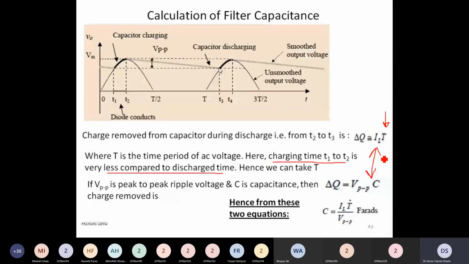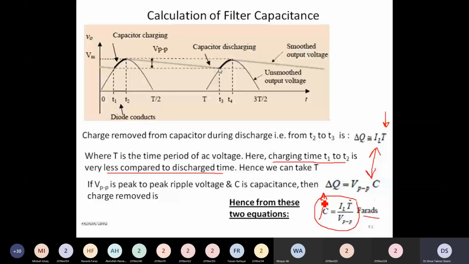However, we must not forget that this capacitance will be a minimum value, and a minimum value will have a certain ripple. Now, to reduce the ripple, we should increase the capacitance. But as we increase the capacitor, we will observe another problem.